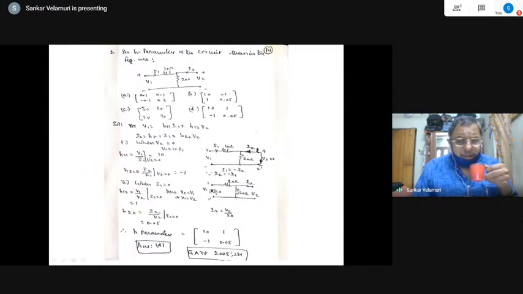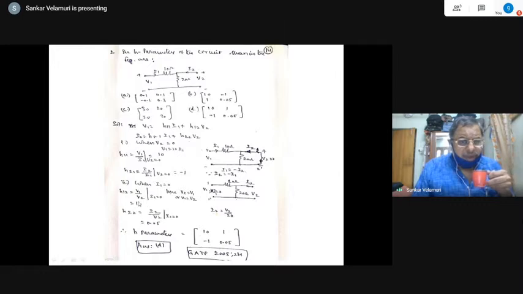Here you can see when port 1 is open circuited, no current flows through port 1 naturally. V2 is being excited and directly connected across it, and there is no current flowing through this, so the voltage V2 will appear across V1 also. So V1 is the same as the excited voltage V2. That is the meaning of this. You have to carefully understand this and the network classification. So H12 is equal to 1.